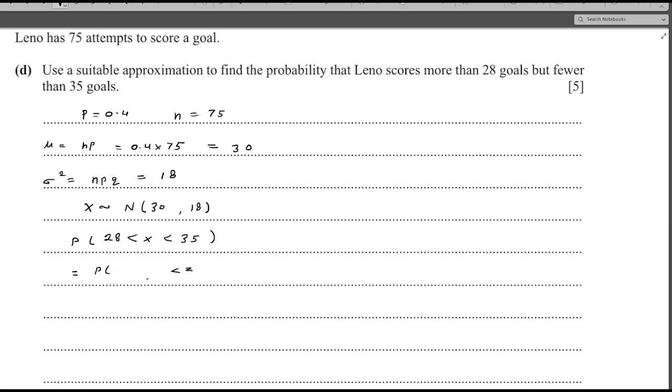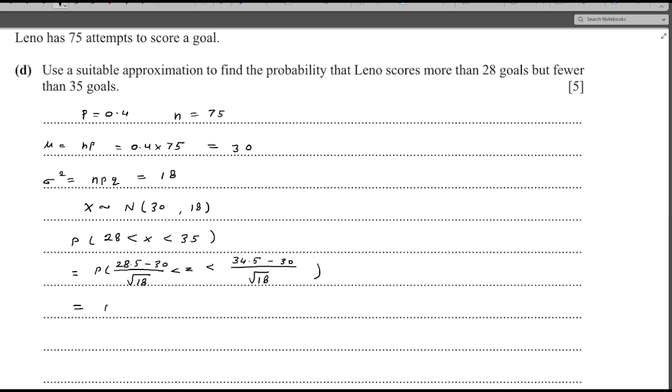So probability of Z greater than, now 28 is not included, so 28.5 minus mean 30, divided by sigma, root of 18, and Z less than, now 35 should not be included, so 34.5 minus 30 divided by the square root of 18.